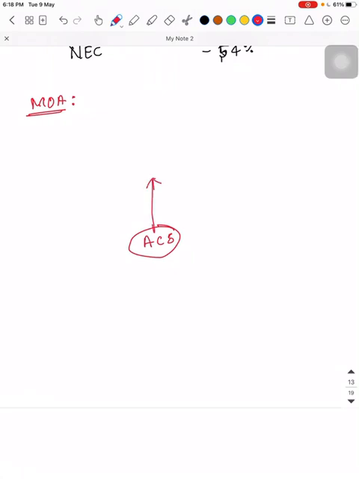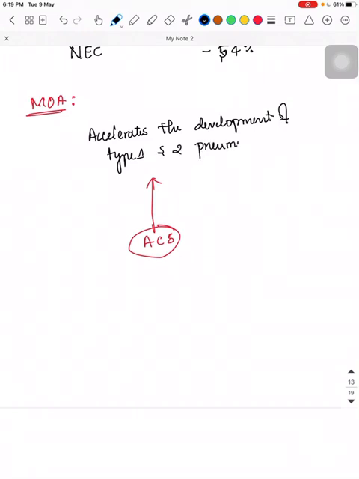So it accelerates the development of type 1 and type 2 pneumocytes, which are the essential factors for synthesis of surfactant.